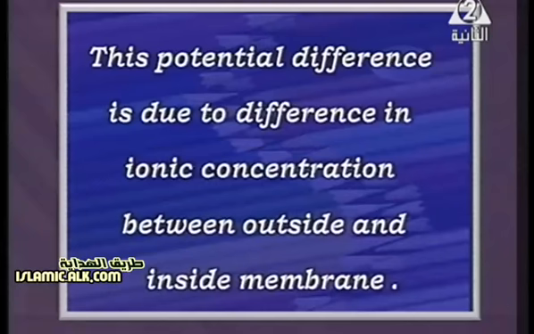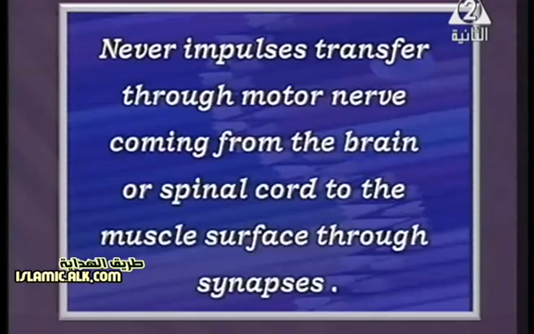Well, this potential difference is because of what? The ionic concentration between outside and inside the membrane, between 2 different areas on the same membrane. Easy? Well, what happens when the nerve impulses transfer through a motor nerve coming from any part of the central nervous system, like the brain or spinal cord, reaching the muscle fiber through the synapses or synaptic area?